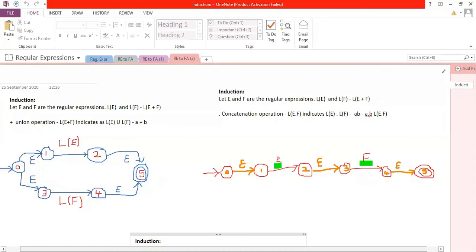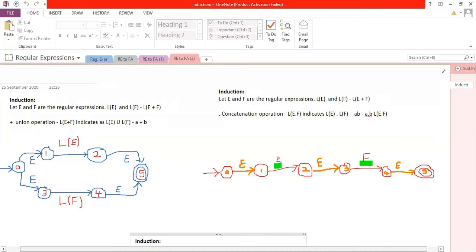So it is E dot F. So you have separate automata or a part of automata for E, and a part of automata for F. So you try to combine using epsilon. Remember, when we are combining this, when we have symbols, I have represented it for one symbol as a generalized thing.